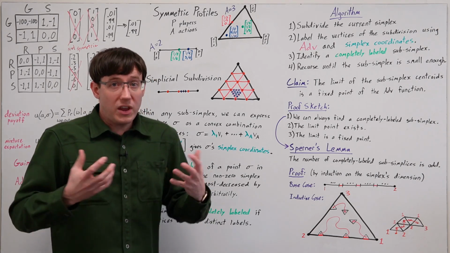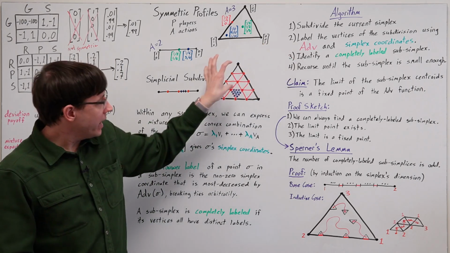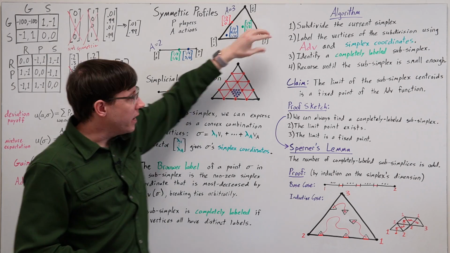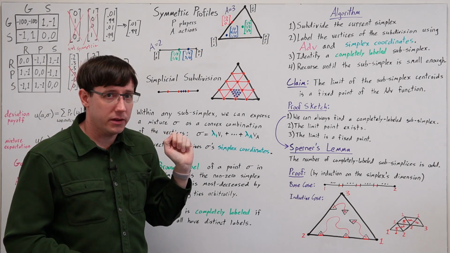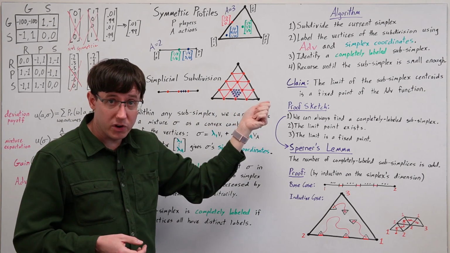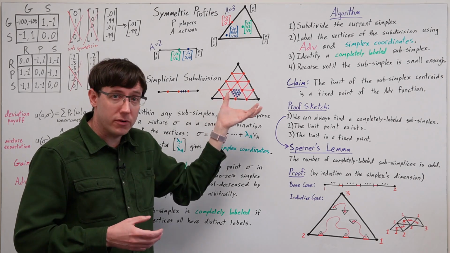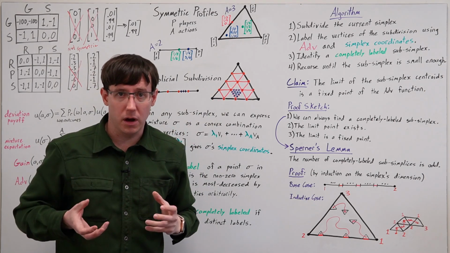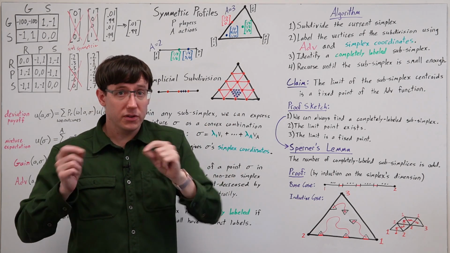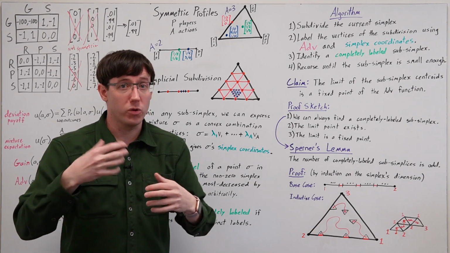So this gives us an idea for an algorithm we could use to try and zoom in on a Nash equilibrium. We'll start by subdividing the current simplex, and we will label all of the vertices of the subdivision in the simplex coordinates of whatever subsimplex we're currently working on. Then we will identify a completely labeled subsimplex, zoom in on that subsimplex and recurse.